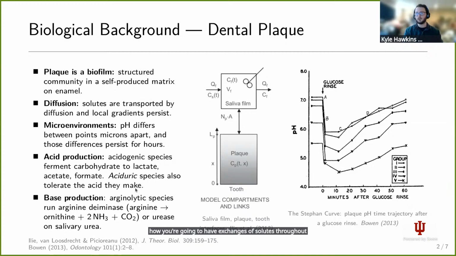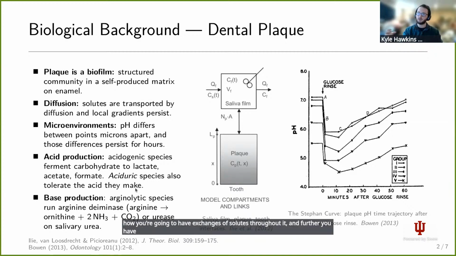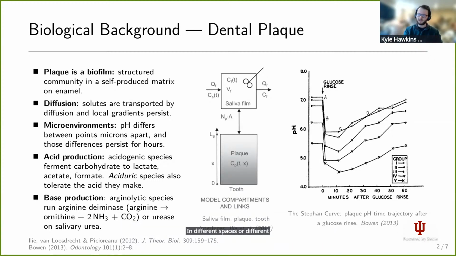And further, you have the development of microenvironments where in different spatial spots, or I guess sites, you're going to have different pH values. A lot of the pH dynamics of these microenvironments are dependent on the addition of glucose substrate.